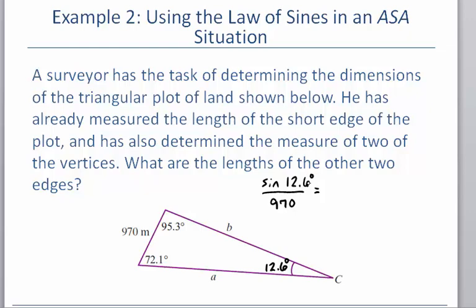For the other fraction, I'm going to use one of the other angles, and it doesn't really matter which one. I could start with sine of 95.3, and then I'm going to use the side across from that, which would be side A.